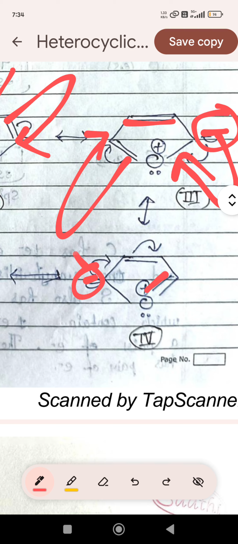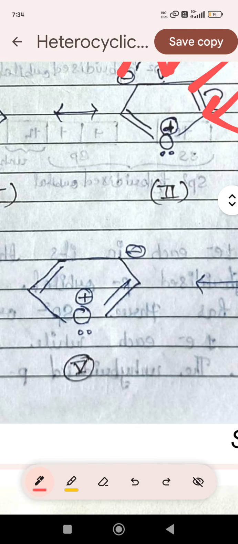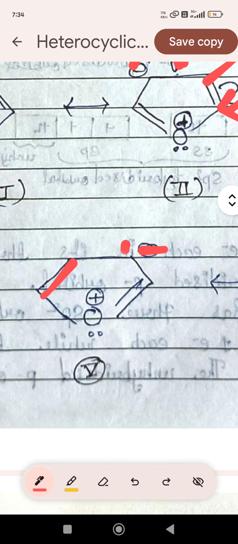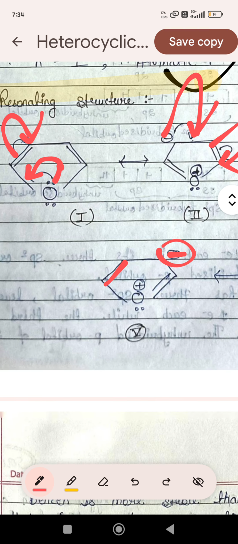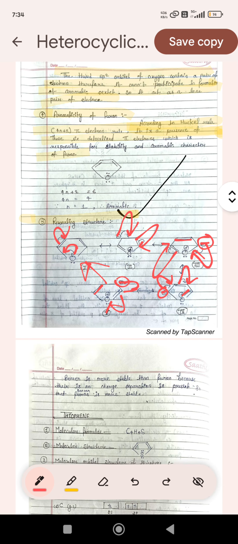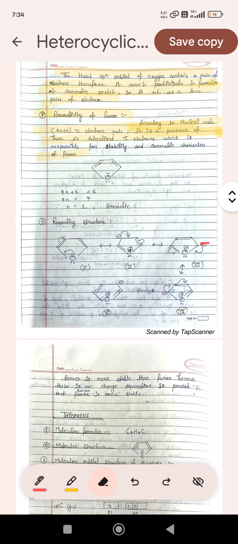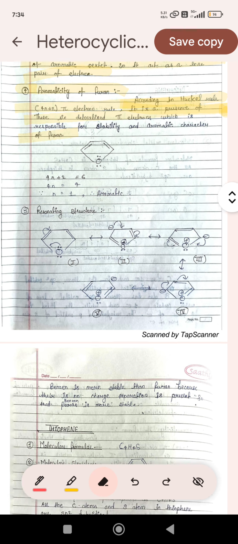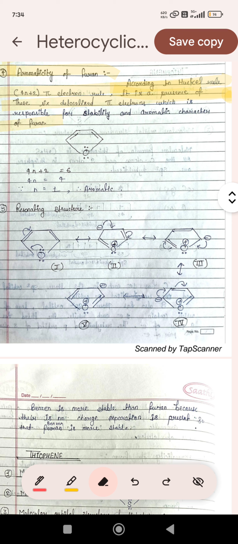Again, the charges shift towards the bond and the bond shifts towards the carbon, and the next bonds and charges are generated. When we move it further, this will create the first structure. So these 5 are identical in structure, and these are the 5 resonating structures of furan.